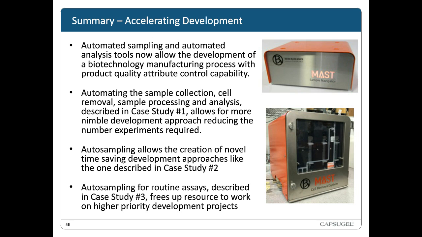So you could completely change your strategy for development using this type of approach. And then case study 3 shows, just for routine operations, how you can free up resource. When you're collecting samples and analyzing samples, you're not doing the more high-value work of taking your program to the next level. And I think that's where you'll see a lot of additional value: freeing up the resource to work on higher priority development projects.